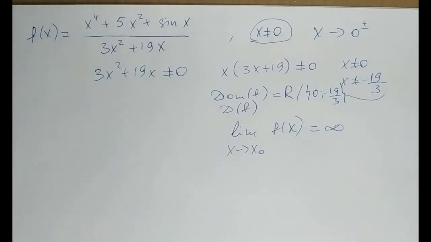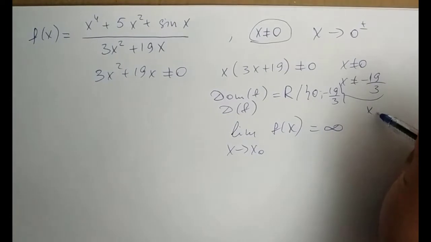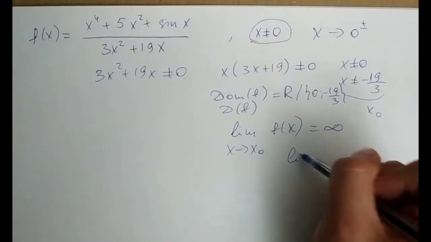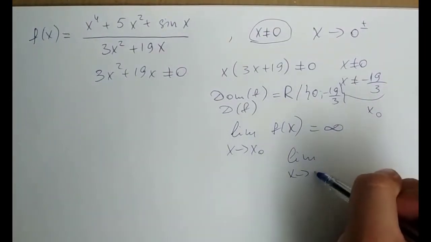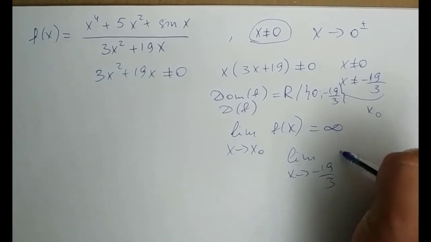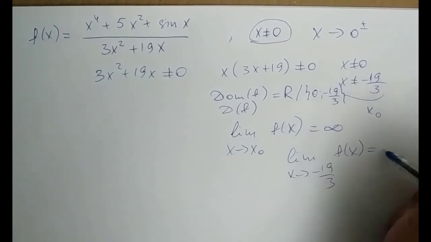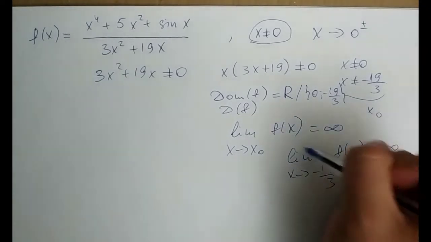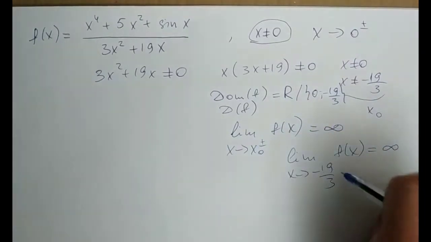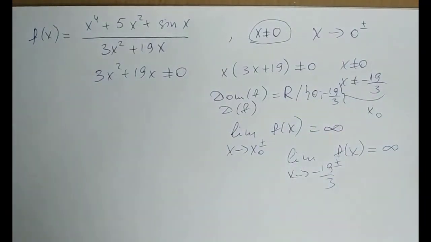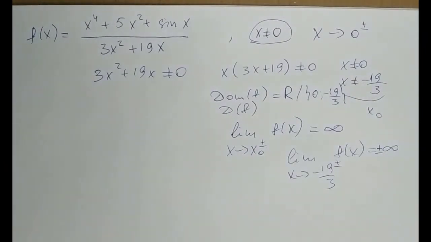So if you put here minus 19 over 3, so limit x tends to minus 19 over 3, our function tends to infinity. Here we can consider the plus minus, so right side and left side limit. Here we have plus infinity and minus infinity. So this is a vertical asymptote.